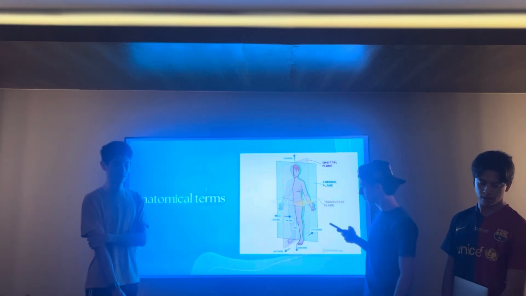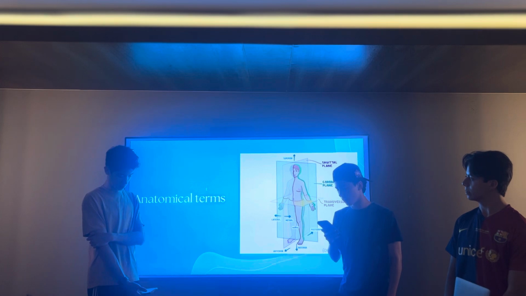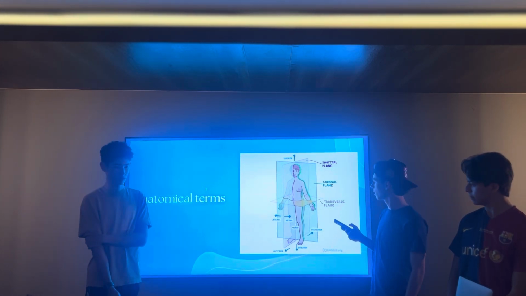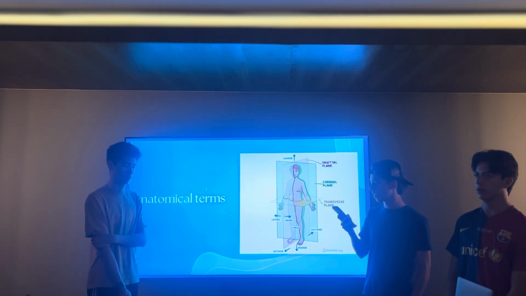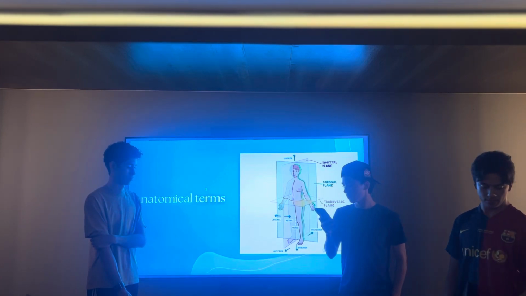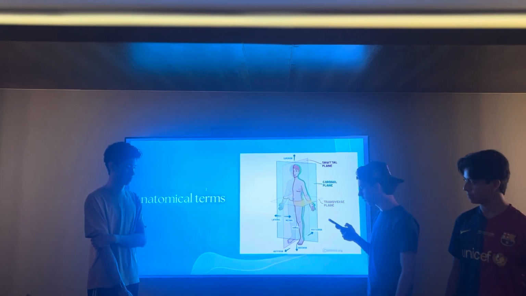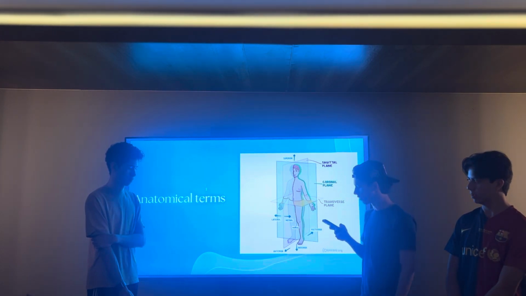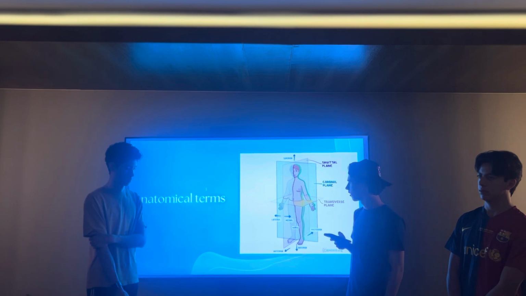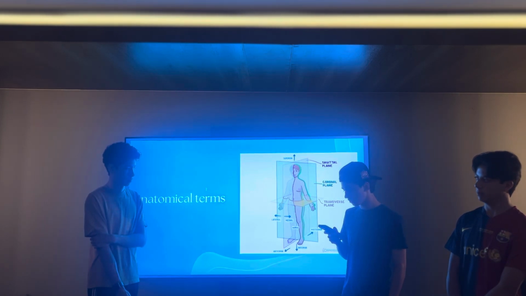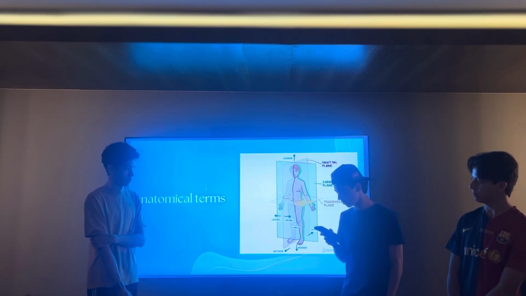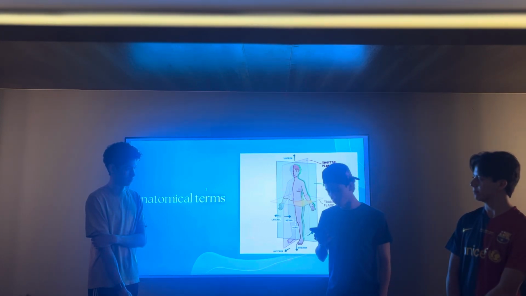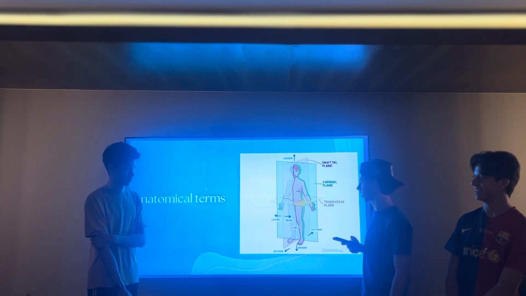The posterior, towards the back of the body. The medial, closer to the midline of the body. The lateral, farther from the midline of the body. The proximal, closer to the point of attachment to the trunk. The distal, farther from the point of attachment to the trunk. And finally, we have the superficial, near the surface of the body.